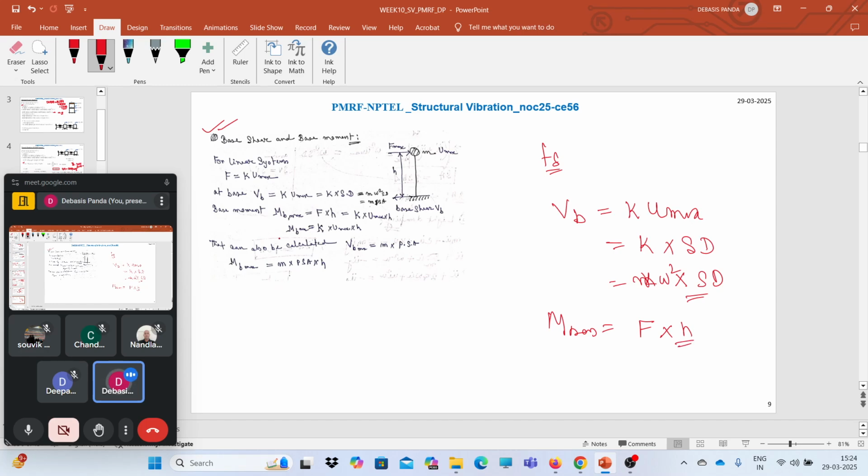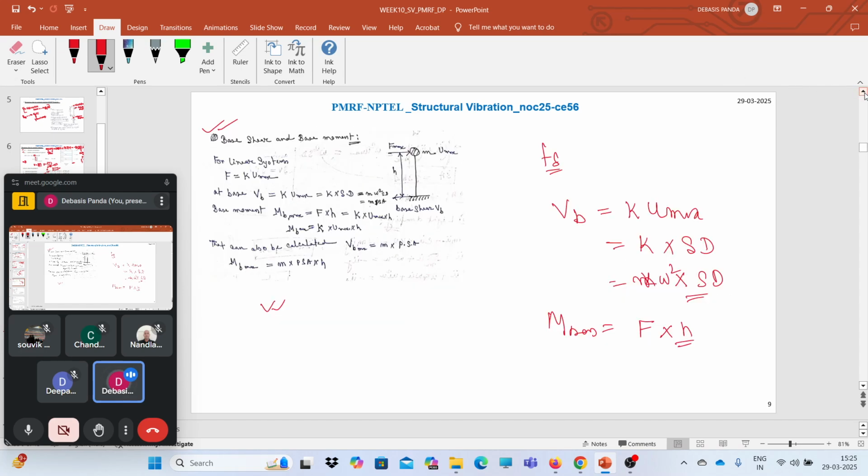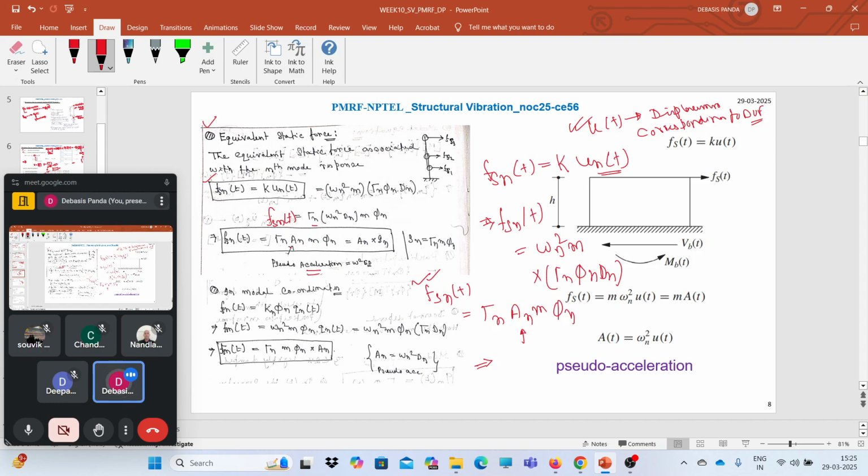So already we have seen how we can calculate and use this information for a single degree of freedom system. Now for a multi degree of freedom system, similarly we can use the information. Here we have the Storey shears fs1, fs2, fs3. How we can calculate the Storey shears, you have already seen, using the participation factor, the pseudo acceleration, mass, and the mode shape information for this particular mode. We can use the same equation to find the equivalent static force at each story.